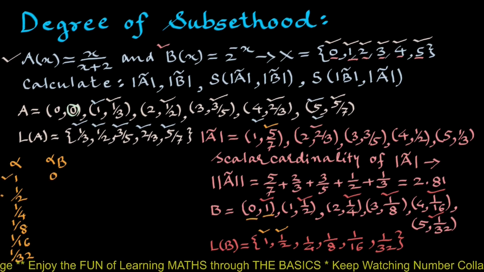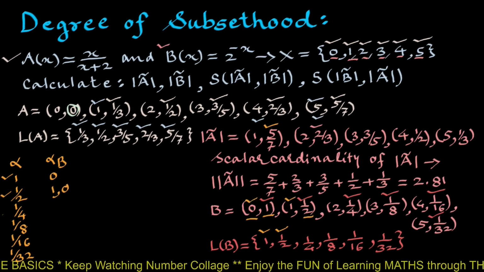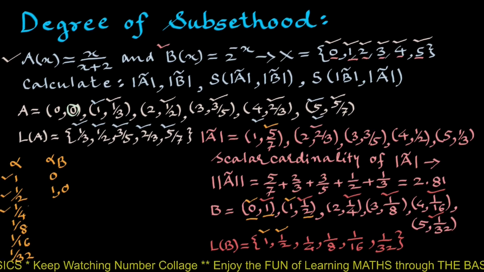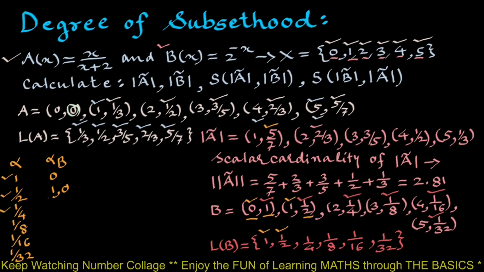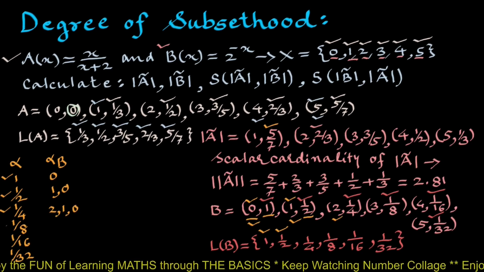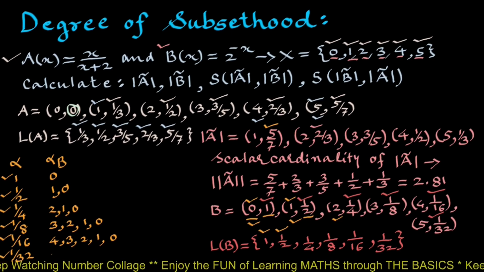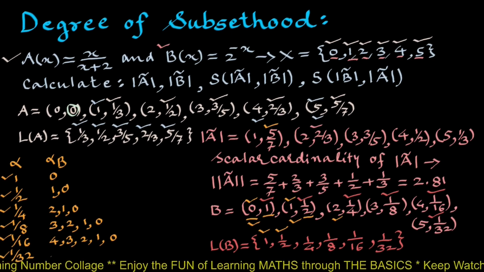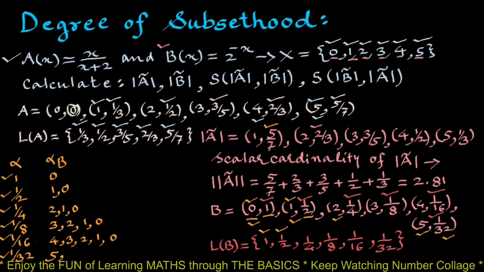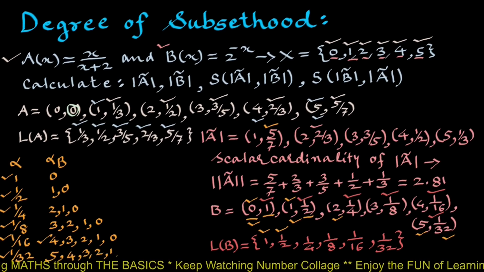For alpha equals this half, we have this 1 and this 0. For alpha equals 1 upon 4, 1 upon 4 cut B will be this 2, 1 and 0, etc. And for alpha equals 1 upon 32, 1 upon 32 cut B will be this 5 and these 4 elements 4, 3, 2, 1 and 0.